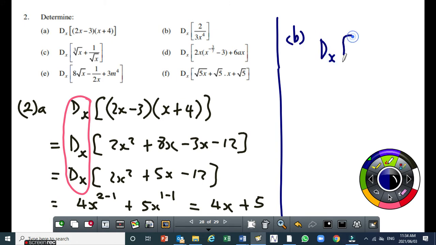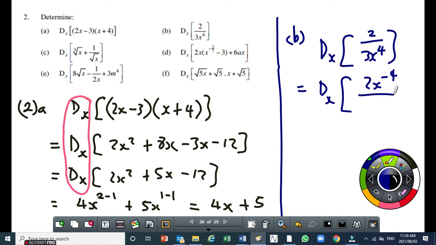That's d/dx of 2 over 3x to the power of 4. Now, as you can see, that x to the power of 4 is part of the denominator. So we need to take it to the top so that it becomes part of the numerator, which means its exponent changes from positive to negative, so it becomes 2x to the power of minus 4 over 3.